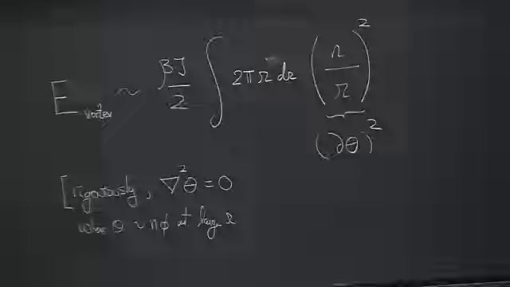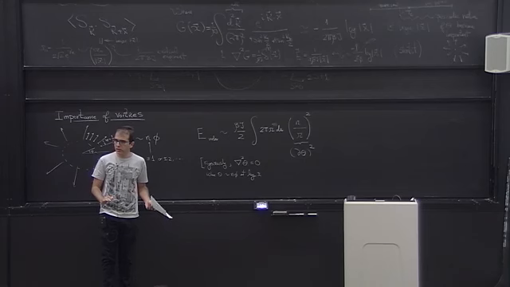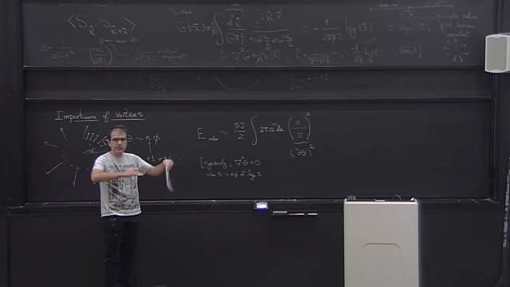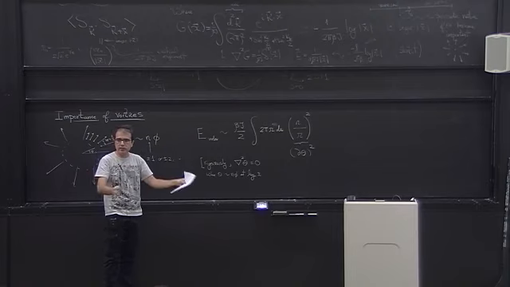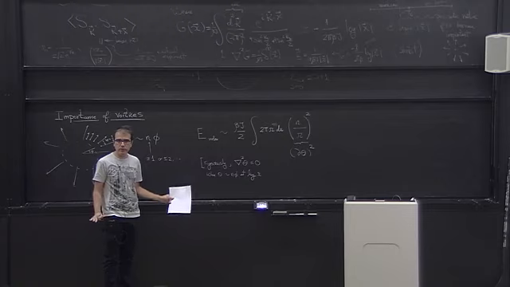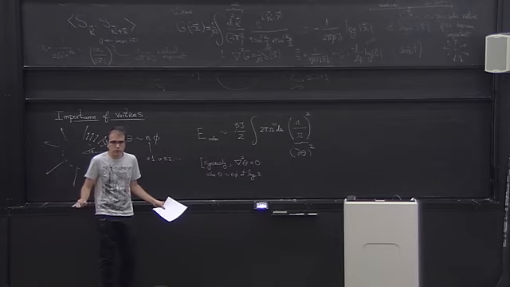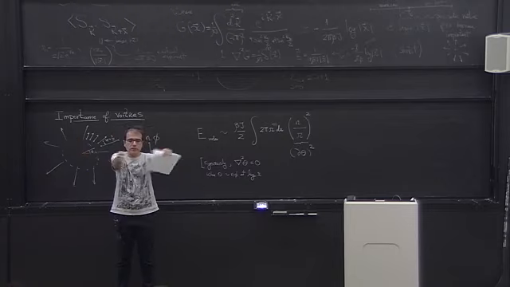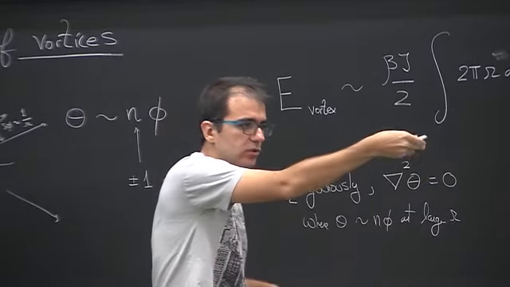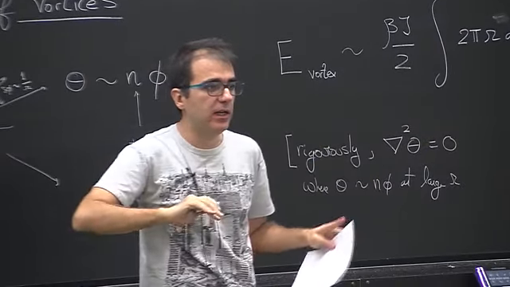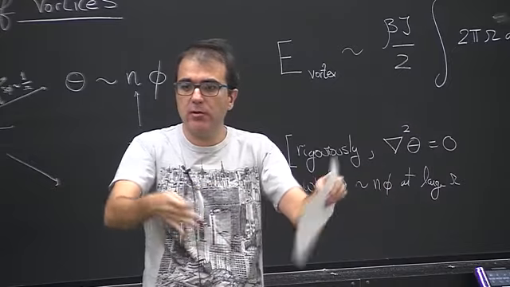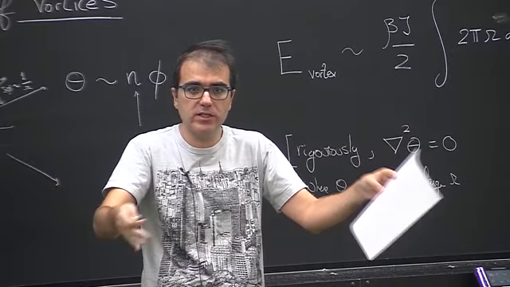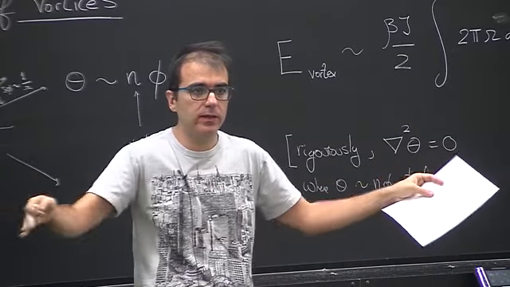Okay, so we are going to do it in the next lecture, but for this purpose we are just estimating the order of magnitude of the energy of this vortex. So what I'm doing is fine. But in practice, that's what you should do. You say that if these vortices are important configurations, there should be solutions of the classical equations of motion that have this vortex profile. And I plug them into the action to see how much they contribute. Is it reasonable to expand the action around these solutions as well?